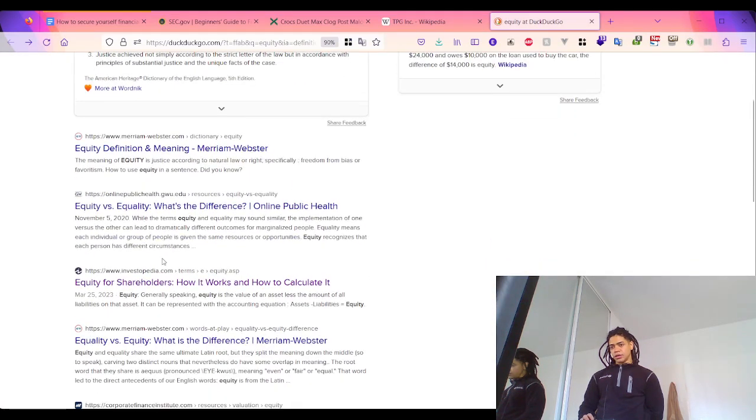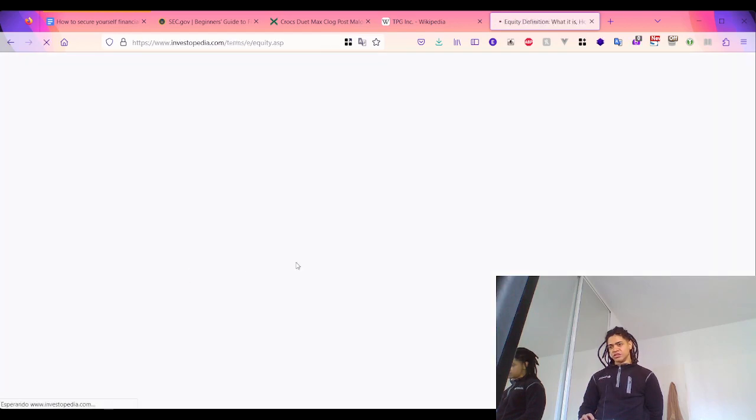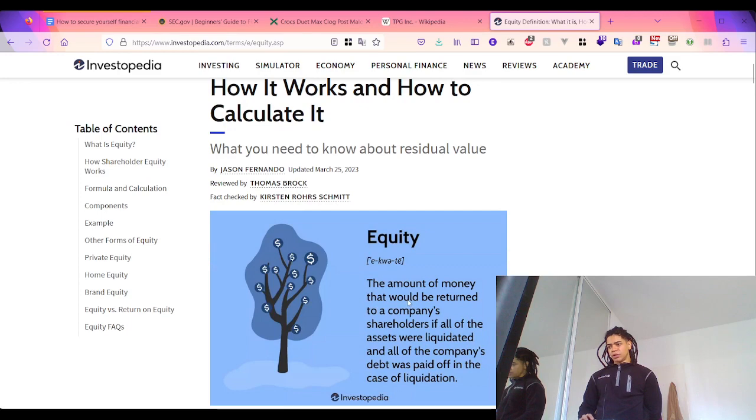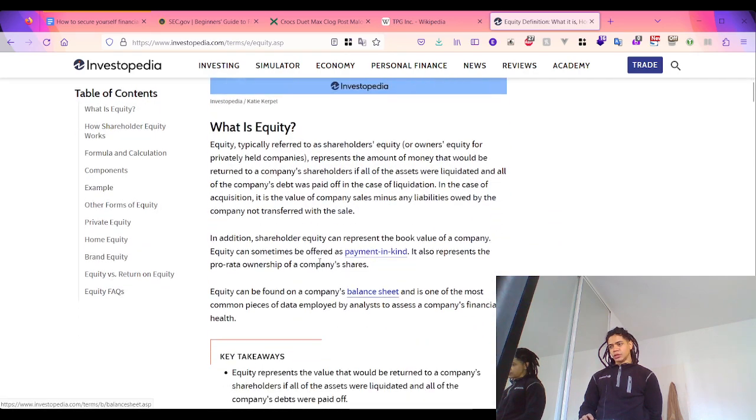If I look at equity in Investopedia, it is the amount of money that would be returned to a company's shareholders if all of the assets were liquidated and all of the company's debt was paid off in the case of liquidation.